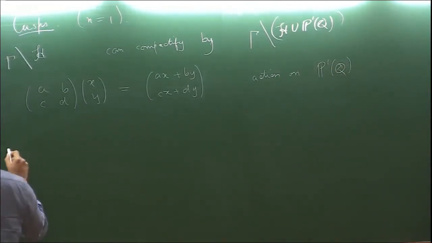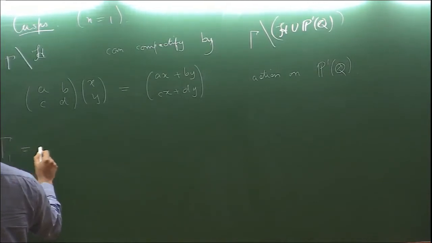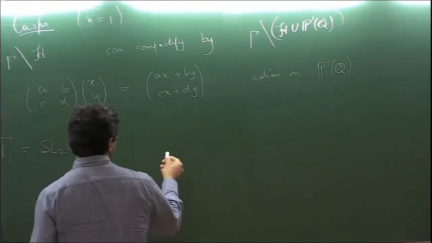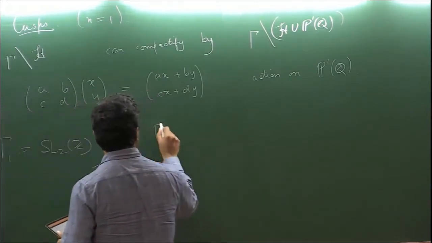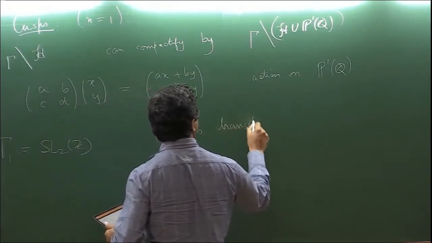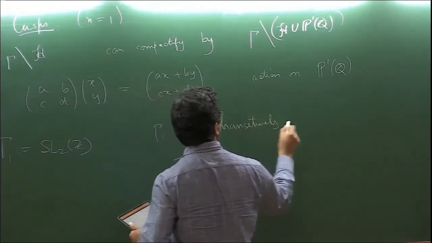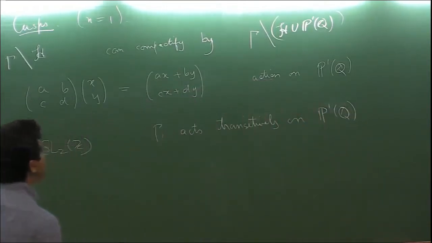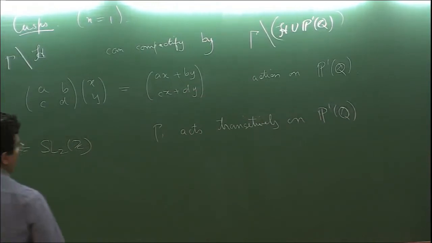And the fact is that gamma 1 acts transitively on P1Q, so you can take any element of P1Q and map it to infinity, for instance.